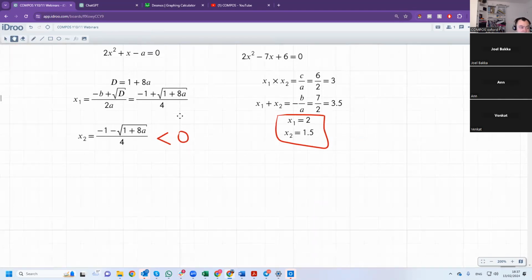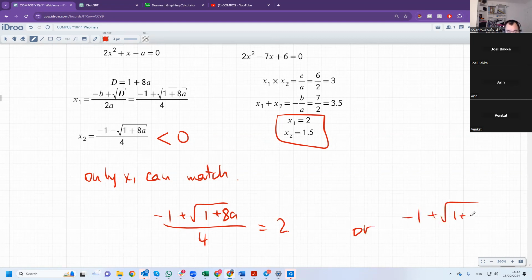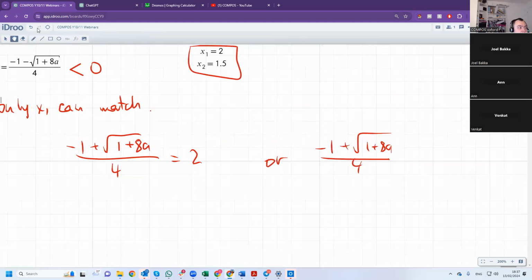Okay, so now we need to solve. Only x1 can match. So -1 plus square root of 1 plus 8a divided by 4 equals 2, or -1 plus square root of 1 plus 8a over 4 equals 1.5.